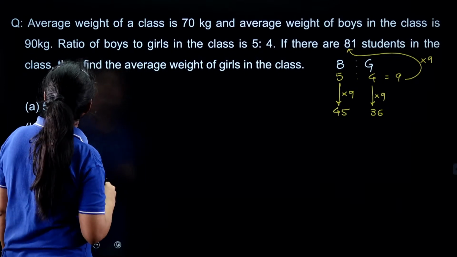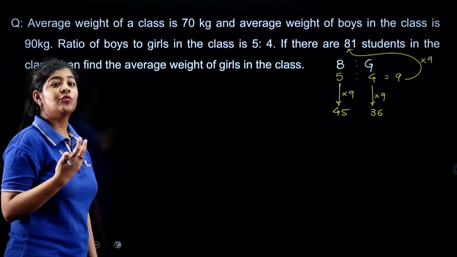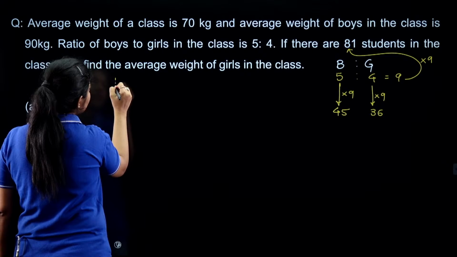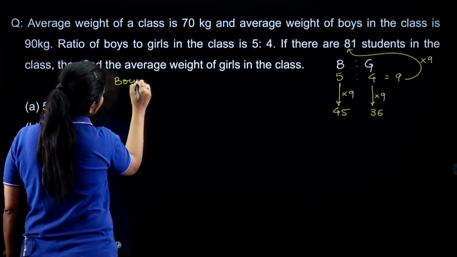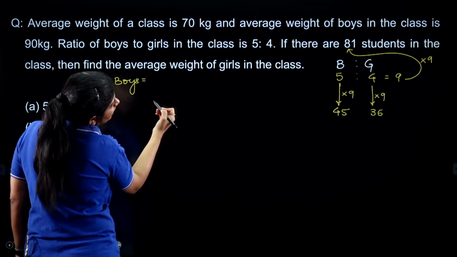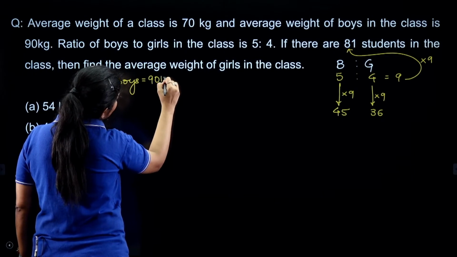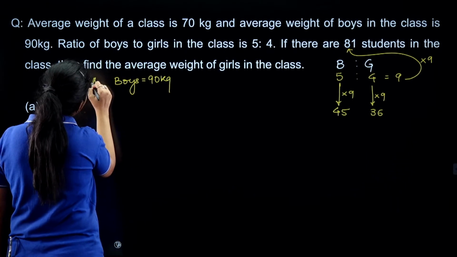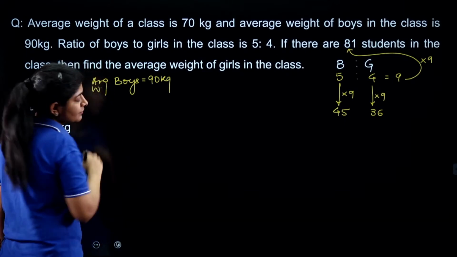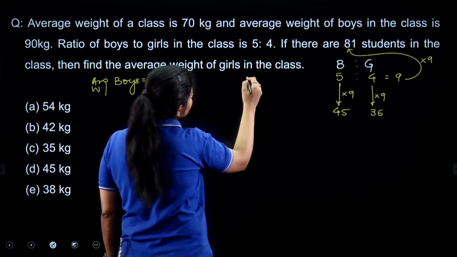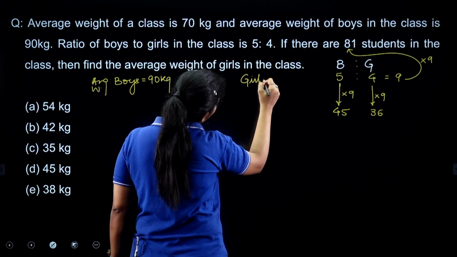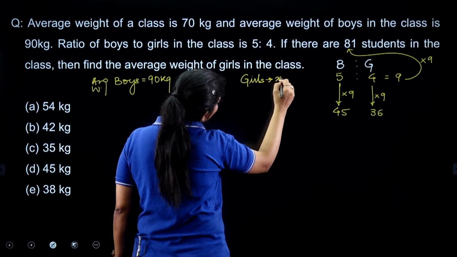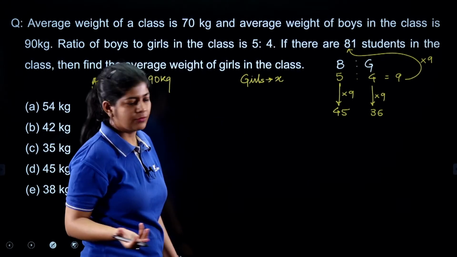But the question says that we need to find out the average weight of the girls. So the average weight of the boys is given, which is equal to 90 kgs. The average weight of girls that we need to find out, we are just assuming it as X, or you can write it as girls only.